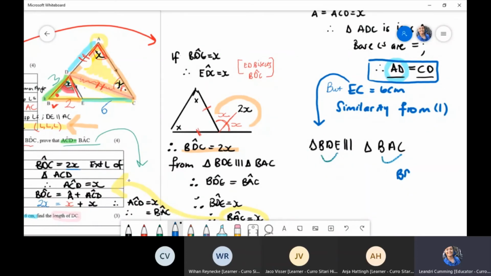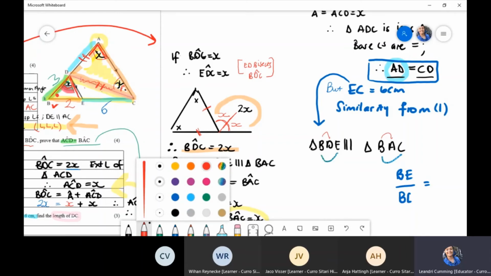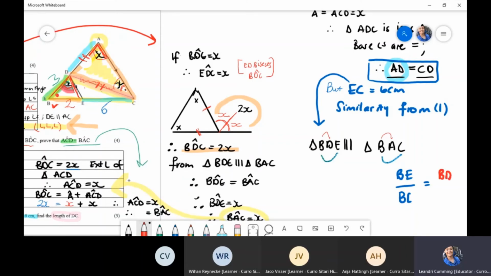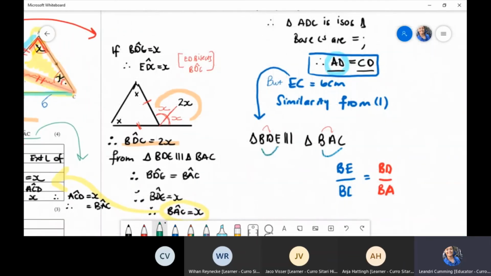Let's do our smiles, which allows us to make the statement BE over BC is then equal to, now let's do the eyebrow. There we go. So that is BD over BA, and that allows me to equate my last eyebrow.